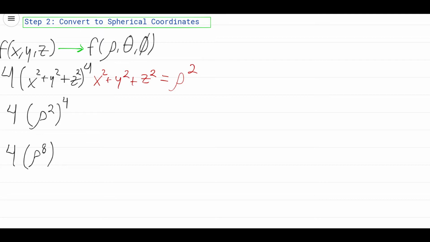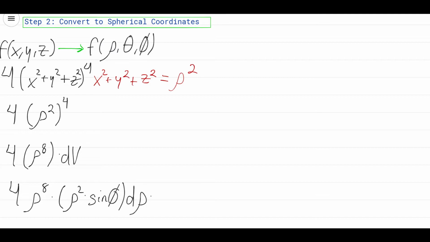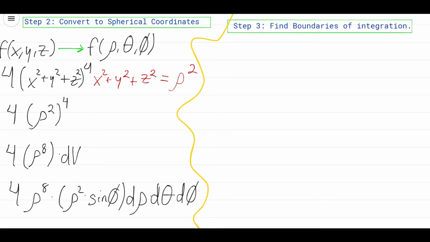But instead now it's f of rho, theta, phi times dV, so 4 rho to the 8th times rho squared sine phi, d rho, d theta, d phi. Now let's find the bounds of integration.